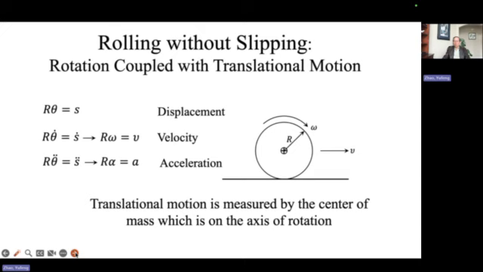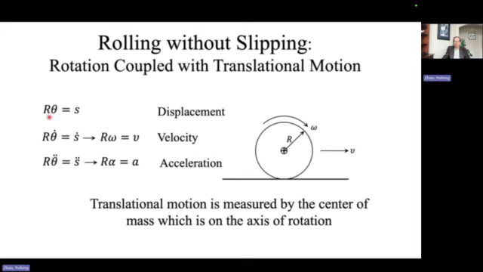So I would like to first briefly show you how to describe rolling without slipping. This is the ideal situation, where rotation is coupled with translational motion through a cylinder rolling on top of the road surface. The basic equation we use when there's no slipping is that the displacement in the translational motion is measured by the circumference of the cylinder.